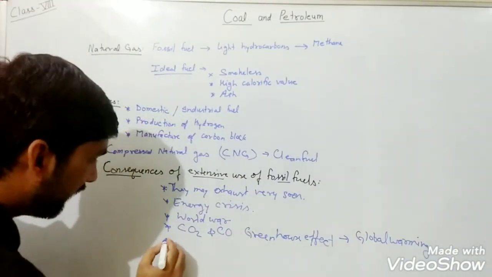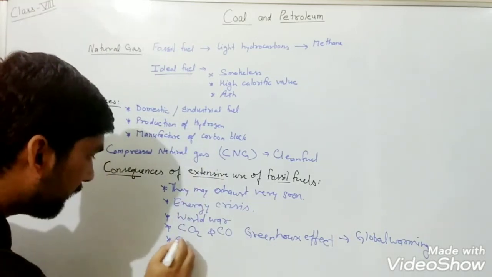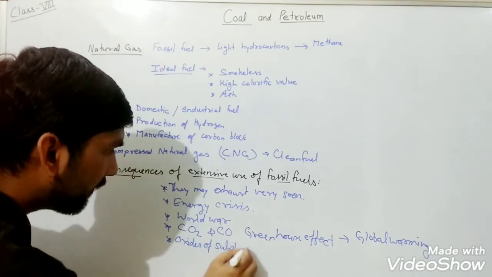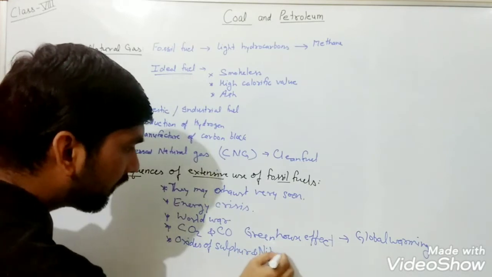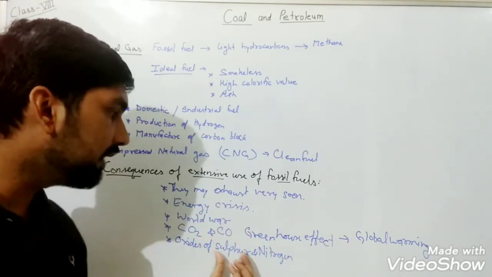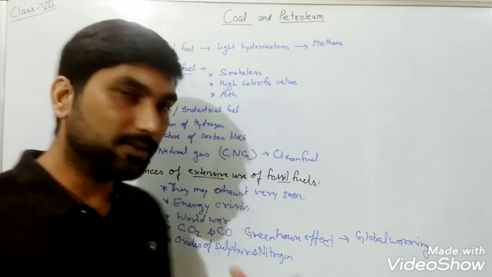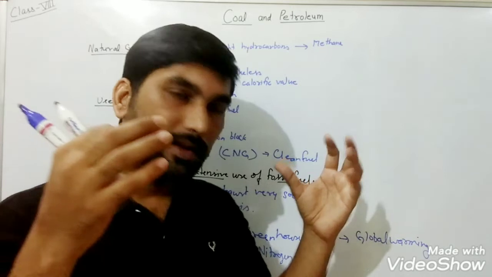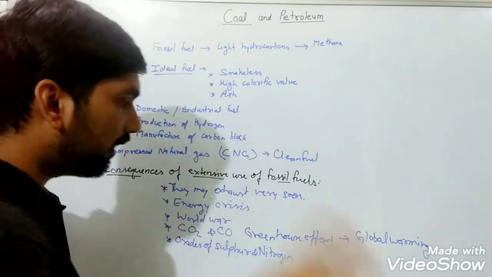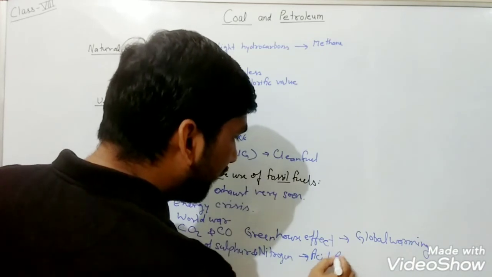One more type of pollutant that is released by the burning of these fossil fuels is oxides of sulfur and nitrogen. Whenever automobiles burn these fossil fuels, petrol and diesel, they release oxides of sulfur and nitrogen in the atmosphere, and these oxides are going to react with the raindrops, precipitation, and fall down on the earth's surface in a form that is known as acid rain.